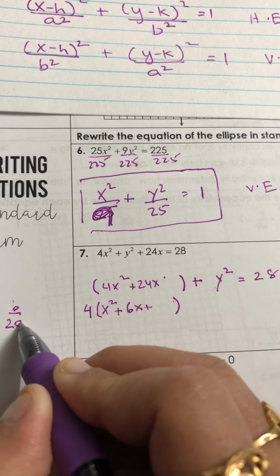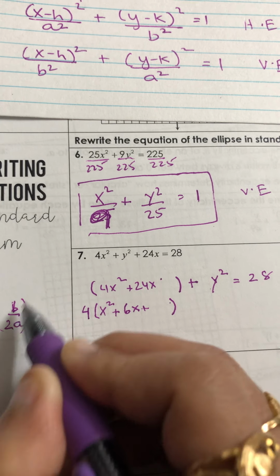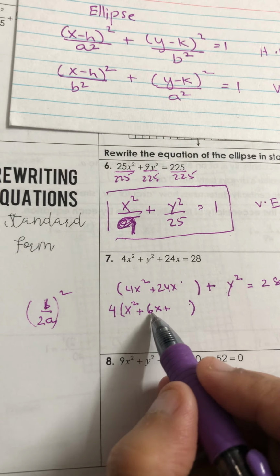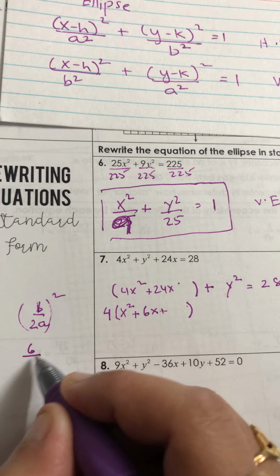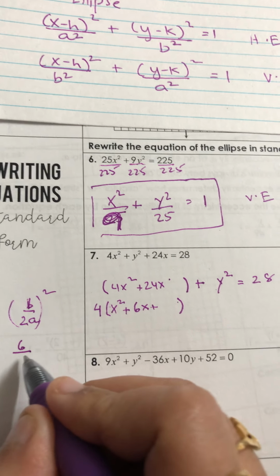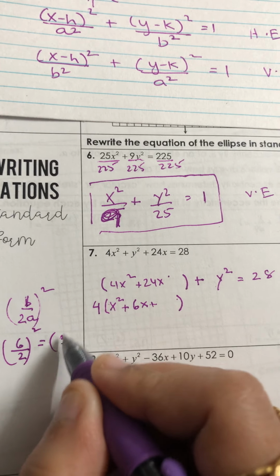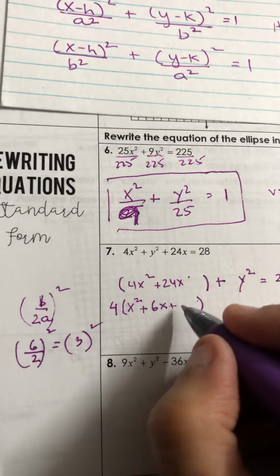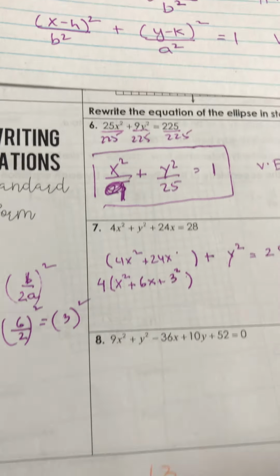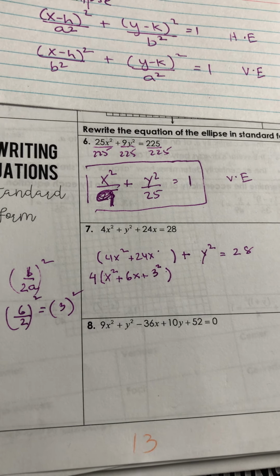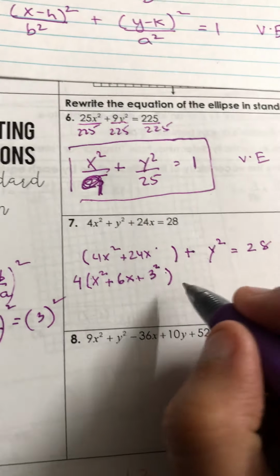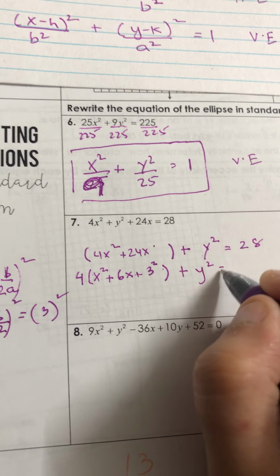My b is 6 here. 6 divided by 2 is 3, squared. So my third term is 3 squared, plus y squared equals 28.